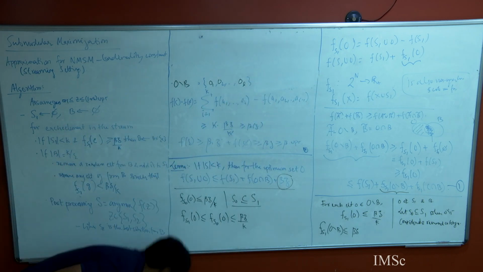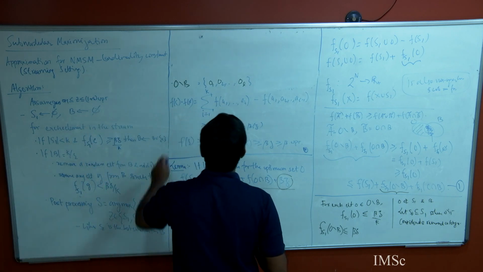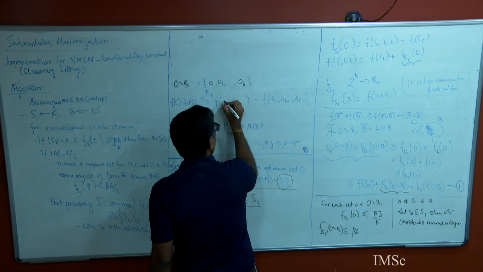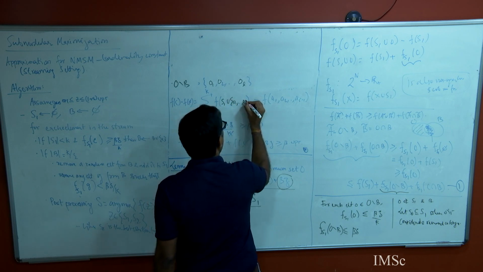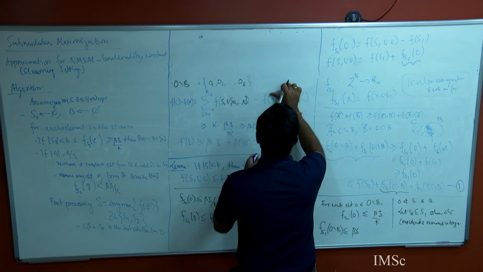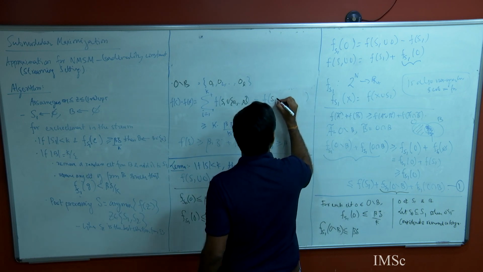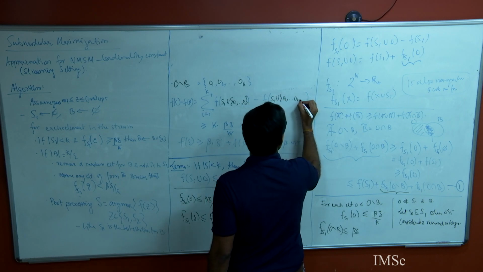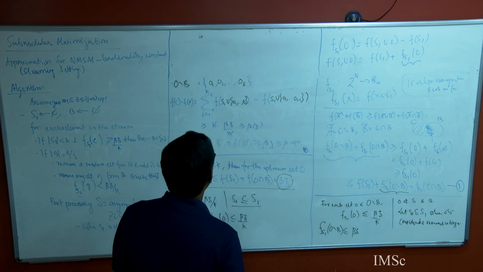Okay, let's see what we are able to get. So this is how it is. I'm going to add S1 union Oi, and then union this. So what is this?